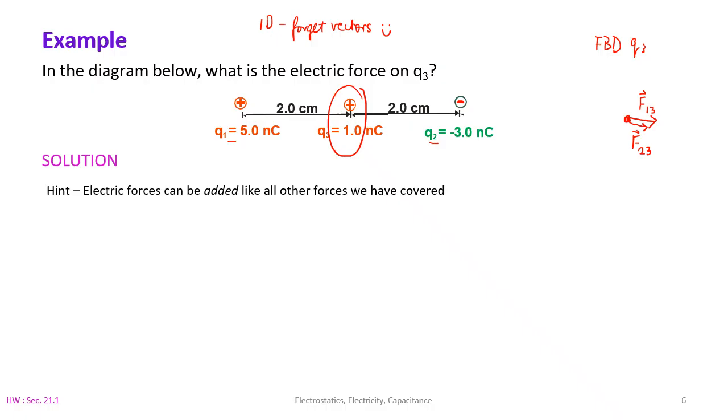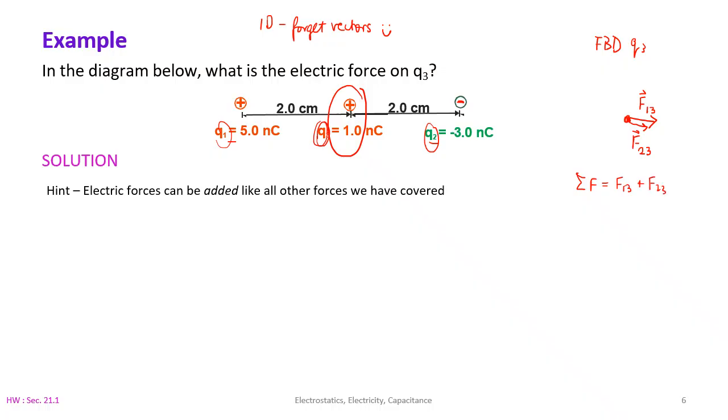One was charge 1 and charge 3, and the other was charge 2 and charge 3 to find these two forces. And you know what we do when we have a free body diagram? We make a vector sum of the forces. In this case, we don't need to worry about the vectors, do we? It's all in one dimension. So we have F13 plus F23.